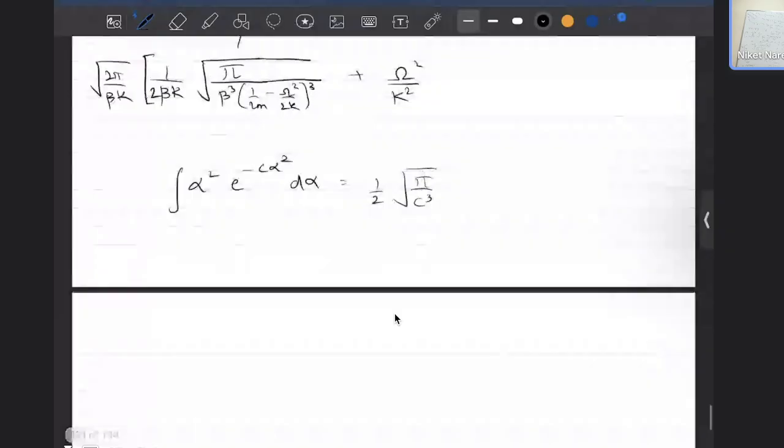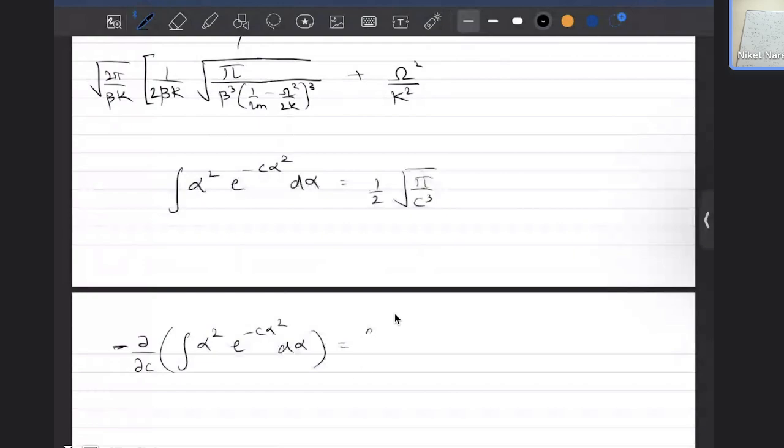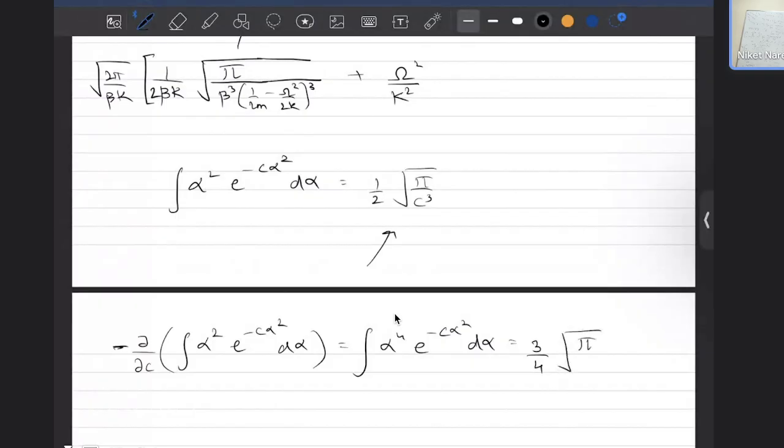Then the integral of alpha power 4 e raised to power minus c alpha square d alpha is, taking the same derivative, minus 3 by 2 multiplied, which gives me 3 by 4 square root of pi upon c raised to power 5 this time. This is what I eventually end up getting.